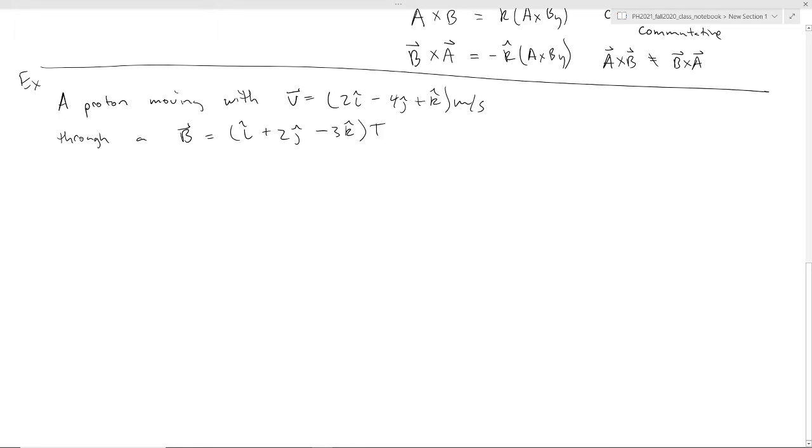And we want to find the force and find the magnitude of the force.